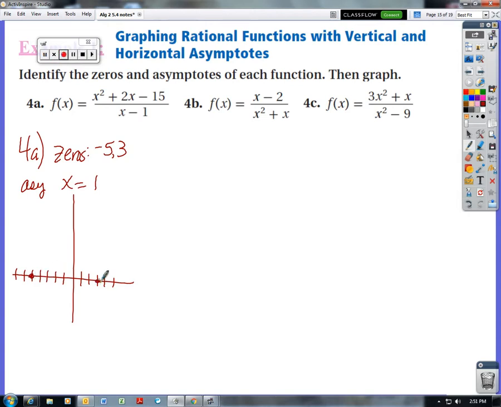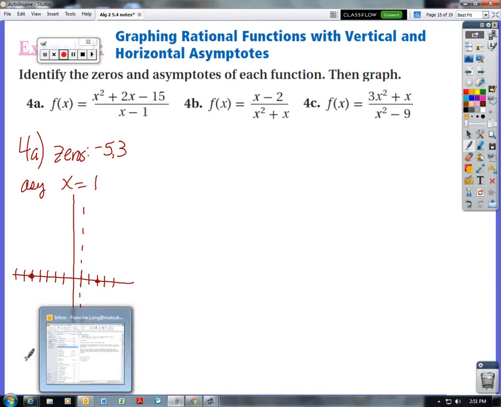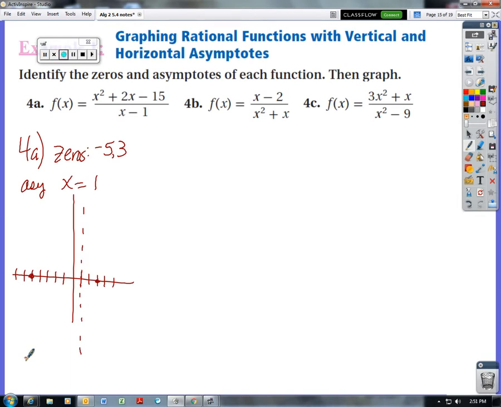We have a vertical asymptote at x equals 1. So that's the information we got from our algebraic analysis. And if you look at the graph, it kind of bends out there, and this one comes way up like that. So that's the first one.